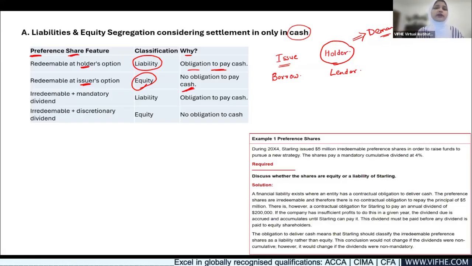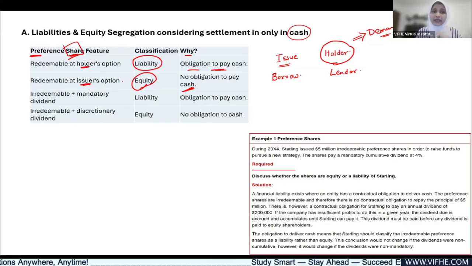It is like equity, because what happens in equity? Till you buy back those shares or wind up the company, there is no obligation towards those shares. So this is redeemable at the issuer's option, which is why it's like equity, not like a liability. That's why I said it's so confusing, because the word is share, but the treatment can be a liability if there is an obligation to pay cash, because that's the holder's option.